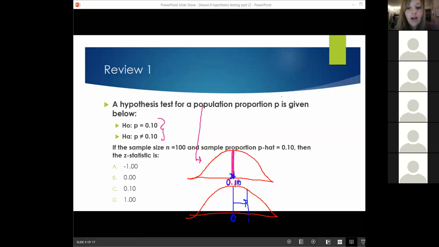So if 0.10 is the same thing as our center, then it aligns with 0. So it's going to be B, because 0.10 is the mean. It's 0 standard deviations away from the mean, so on our z-curve it's also going to be 0 down here. Does that make sense why it would be B? I know this is a little tough.